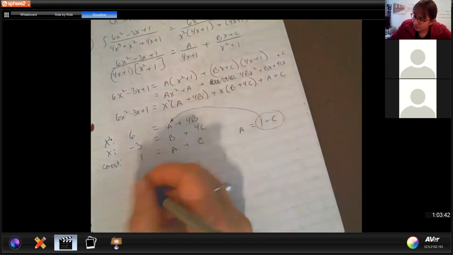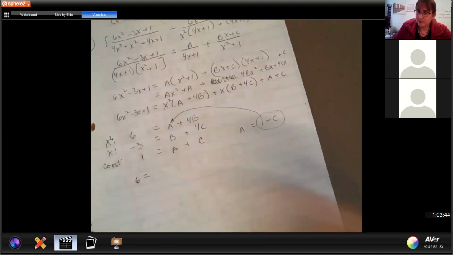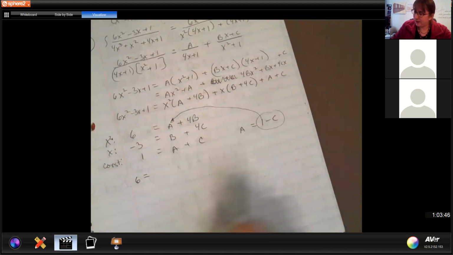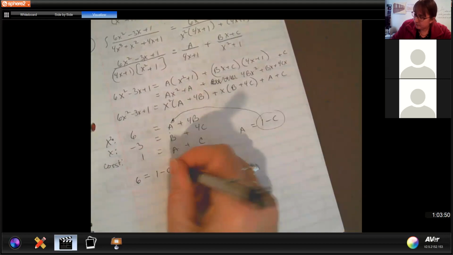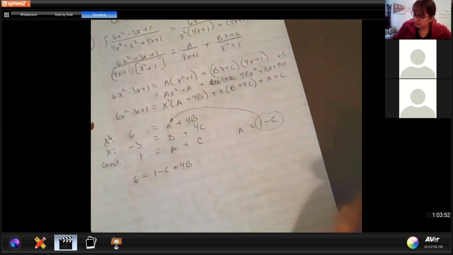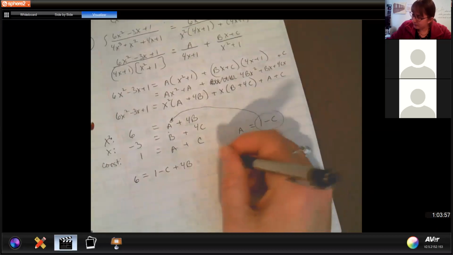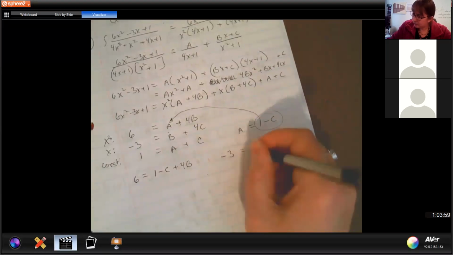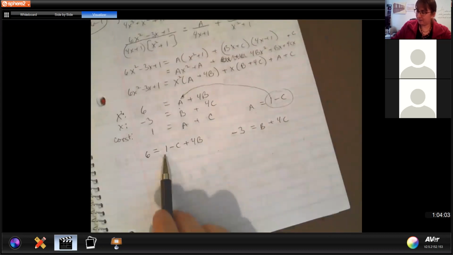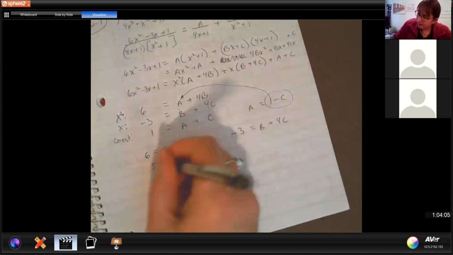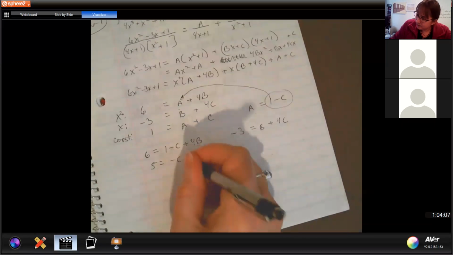So my first equation will turn into 6 equals, and then instead of A, it's 1 minus C plus 4B. And then that second equation is negative 3 equals B plus 4C. I can simplify this a little bit more: 5 equals minus C plus 4B.